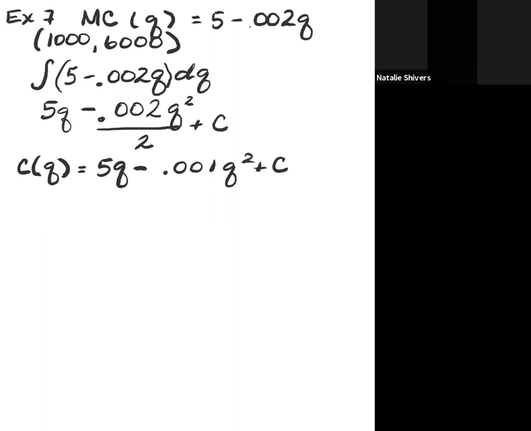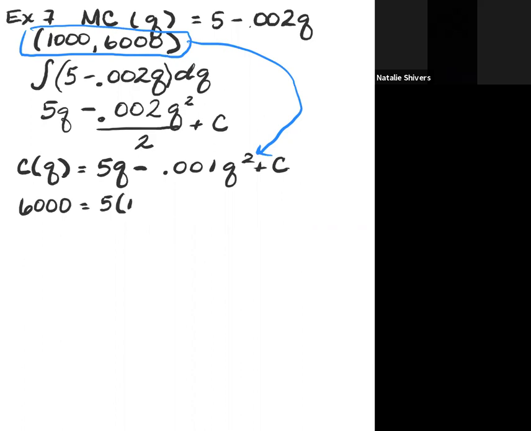Now we need to worry about this coordinate. Now that we've taken the antiderivative, we're going to take the coordinate and plug it into our function. So we get 6,000 equals 5 times 1,000 minus 0.001 times 1,000 squared plus c. So the whole right side simplifies to 4,000 plus c.